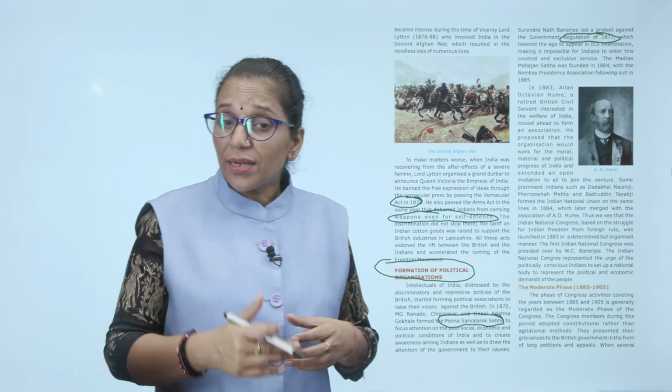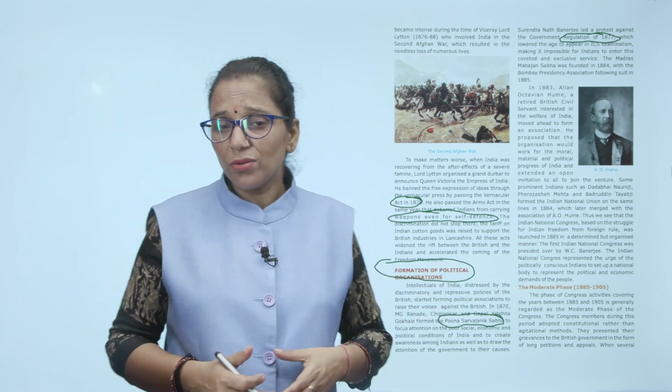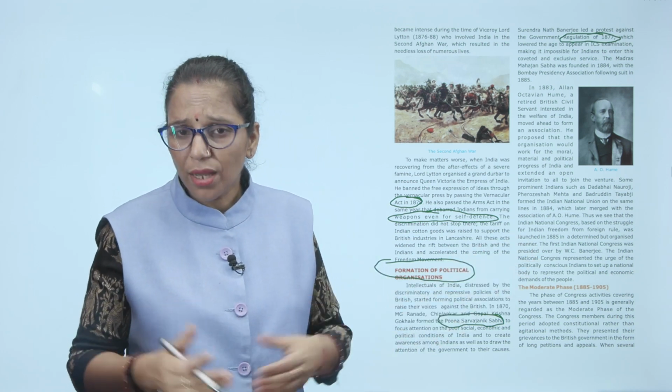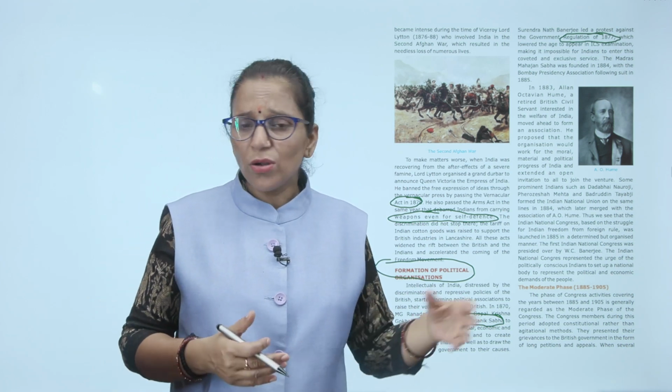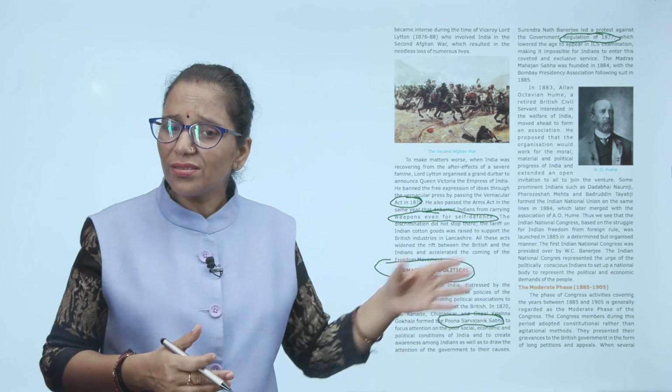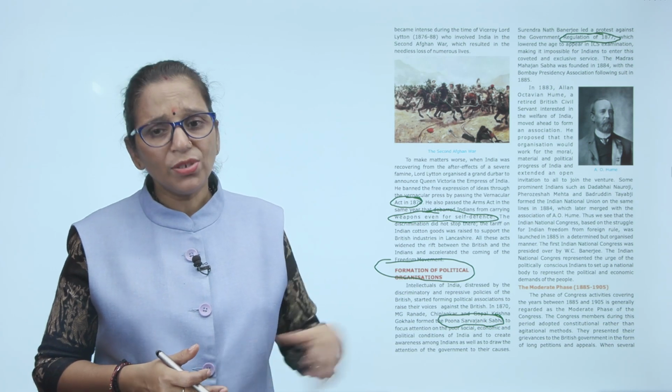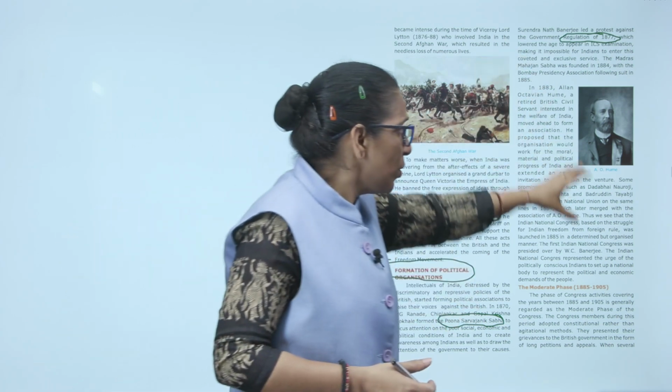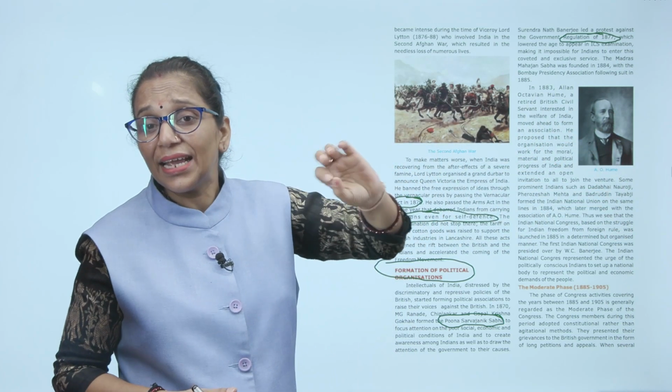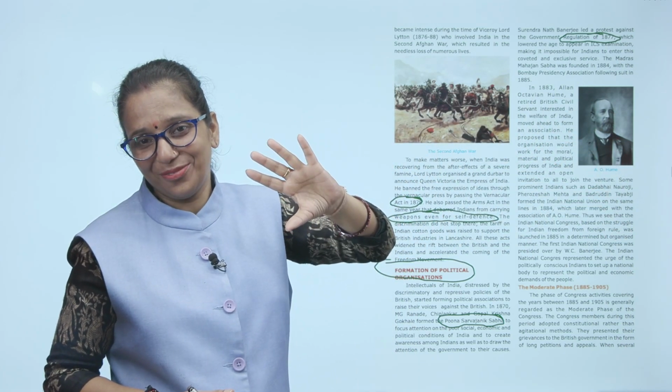Some prominent Indians such as Dadabhai Naoroji, Feroz Shah Mehta, and Badruddin Tyabji also formed the Indian National Union on the same lines in 1884, which later merged with the A.O. Hume Political Association, the INC, Indian National Congress.